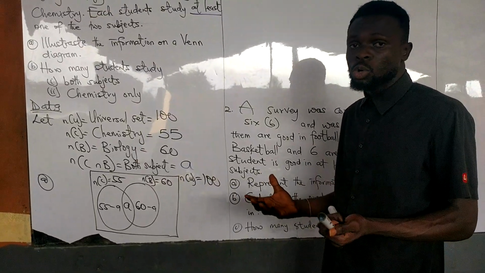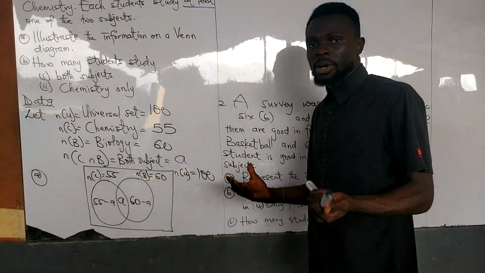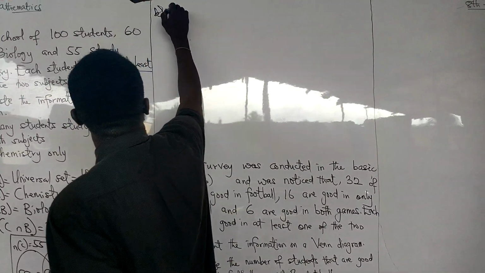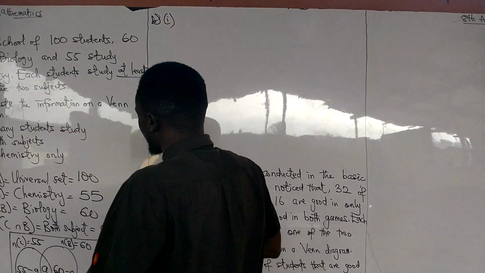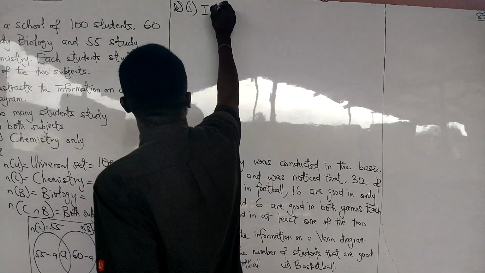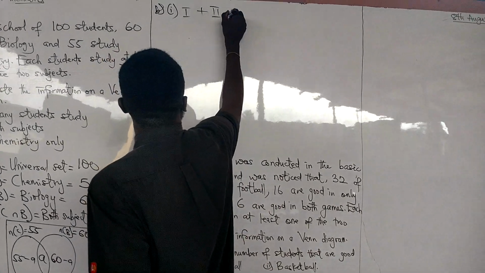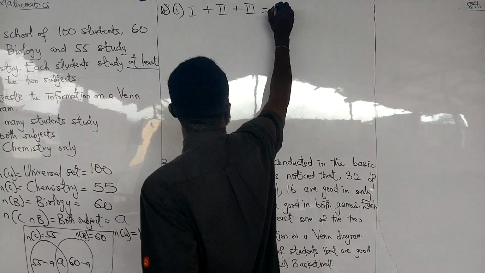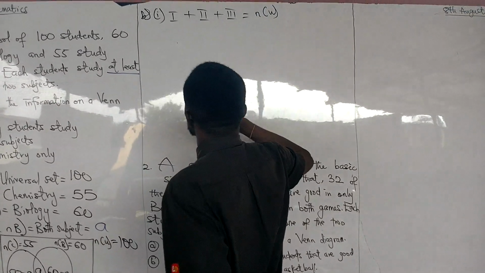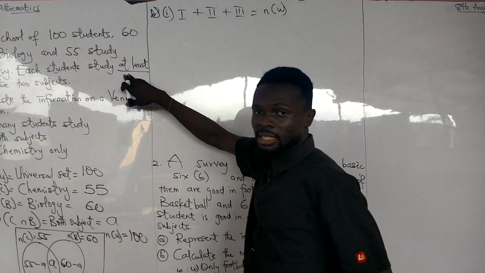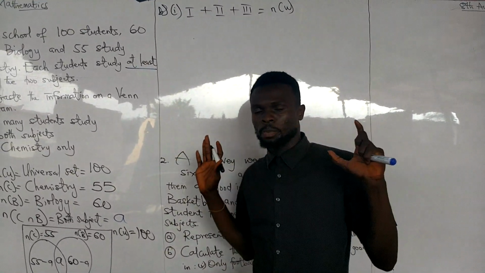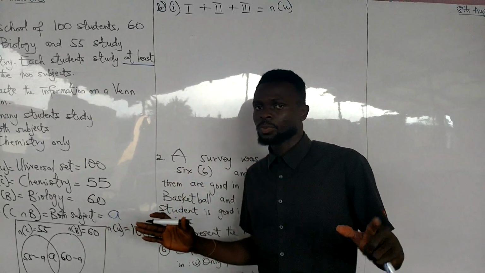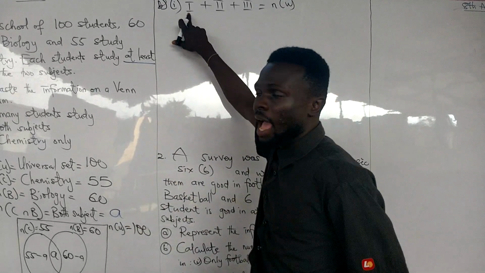So if I want to go by the regions, I am going to say that to calculate for A, region I plus region II plus region III is equal to the universal set. Since the question has mentioned "at least," there is no complement, so region IV becomes 0. So what do I have in region I?